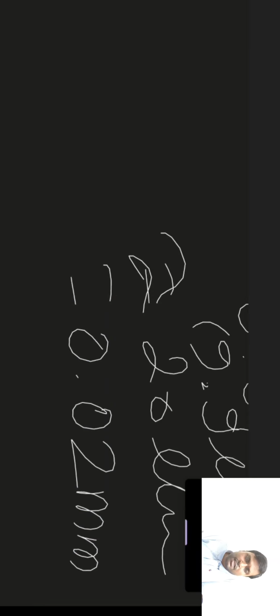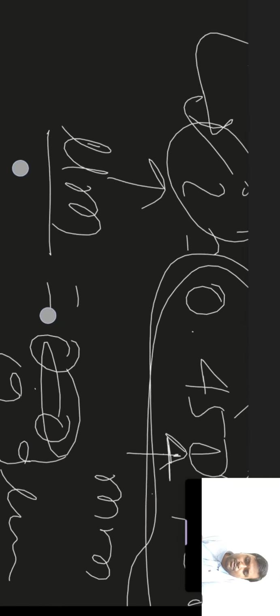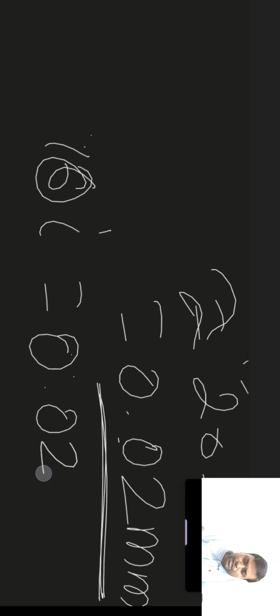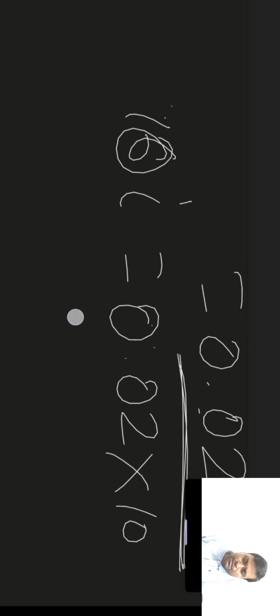So this is how we calculate the i value. Then suppose a shaft is having 16i, or 10i, then we will do 0.02 into 10, and it will be 0.2 mm.